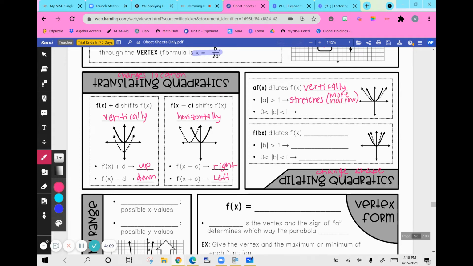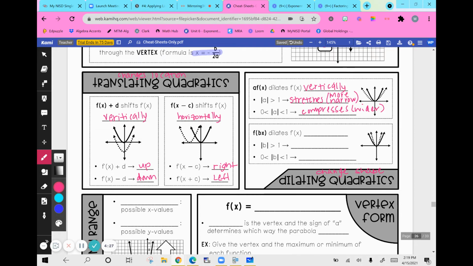Okay, and then if that value is between 0 and 1, so if it's a fraction or a decimal that's less than 1, it compresses, which is, it gets wider.